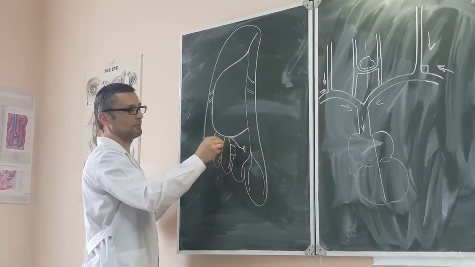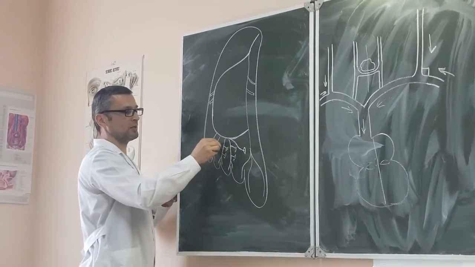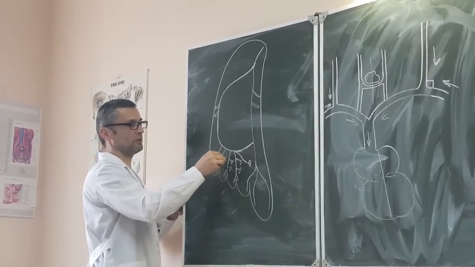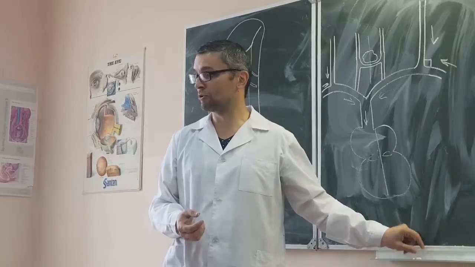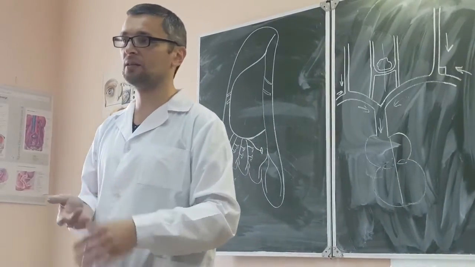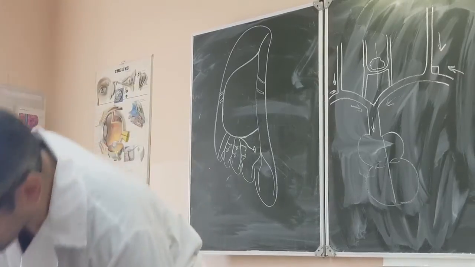Which branches? Perforantes. Comparing with the hand, here there are 2 branches, but not one like on the hand. Because on the hand there is only one arteria perforans, but on the foot 2: the anterior perforating branch and the posterior one.